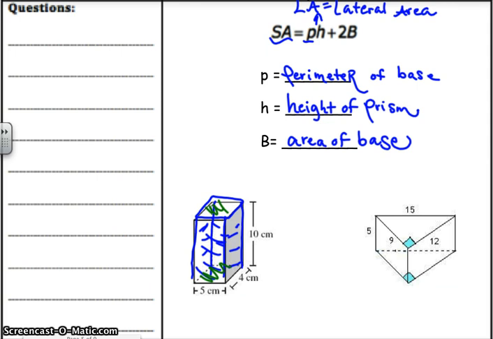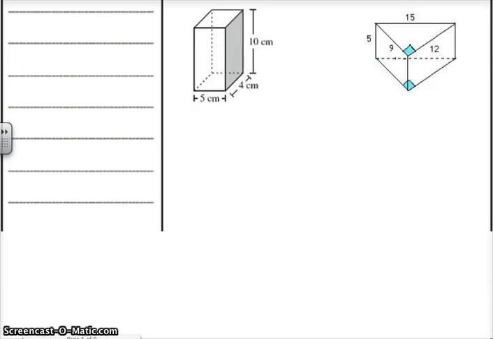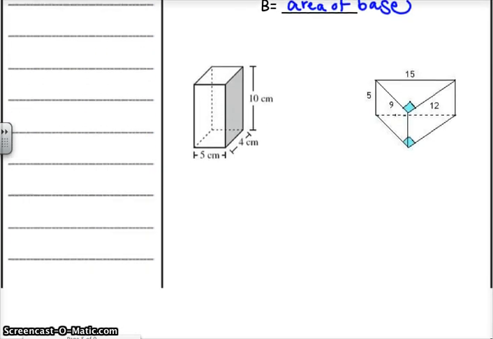So let's apply it. Okay, first one, I'm just going to write the formula down. Surface area is equal to perimeter of the base times the height plus 2 big B. So what I'm going to do here is figure out all the little things I need.